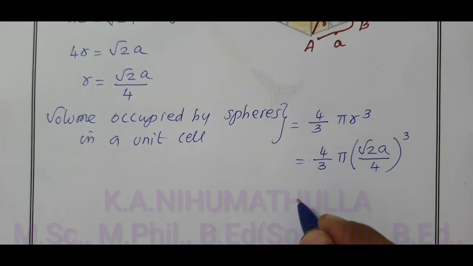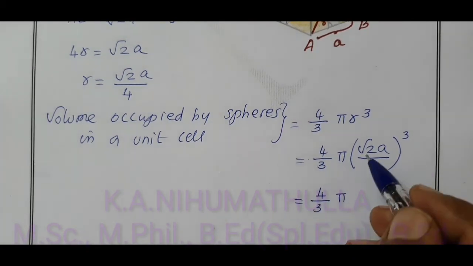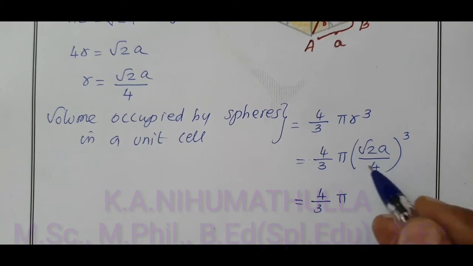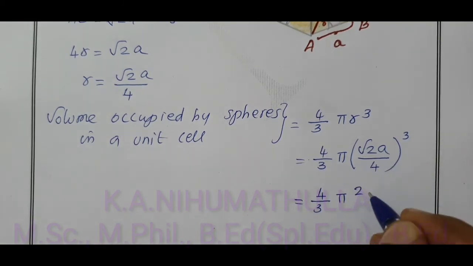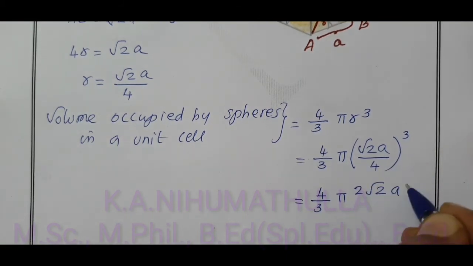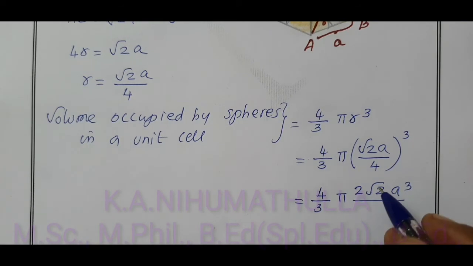That is equal to 4 by 3 pi into root 2 into root 2 into root 2 a cube divided by 4 into 4 into 4, 64.